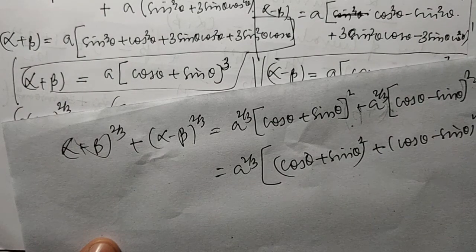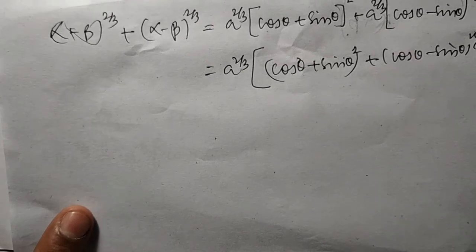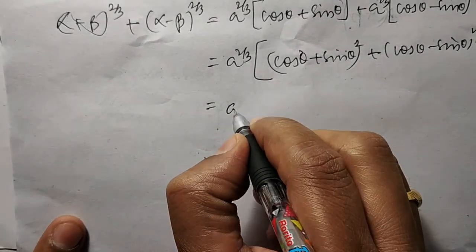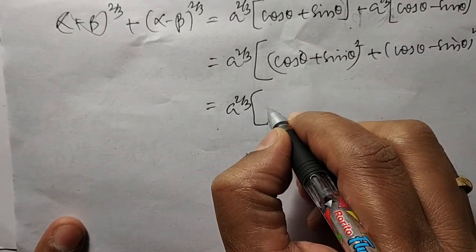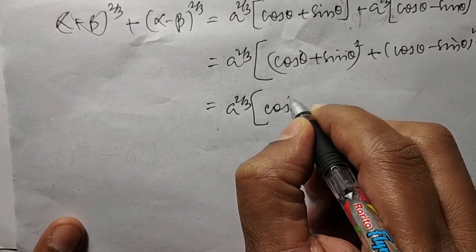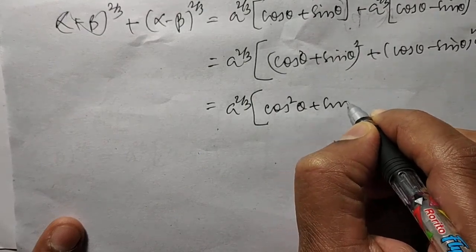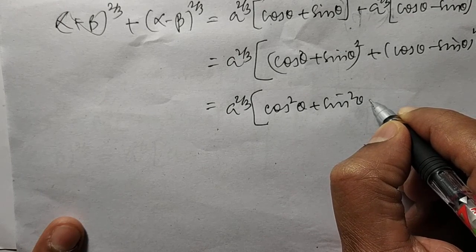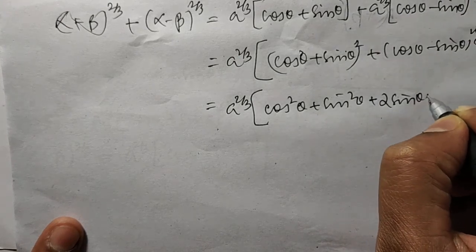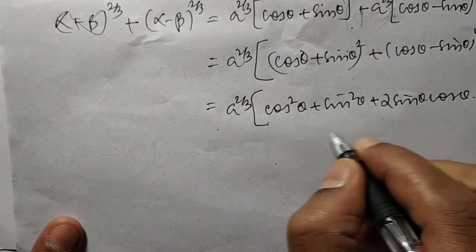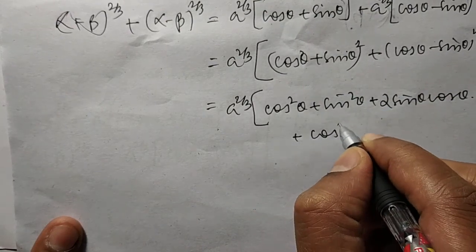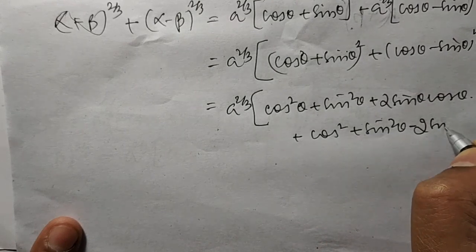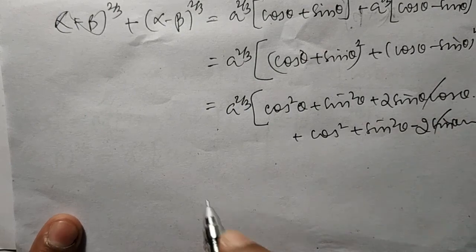When we take its expansion, we get a raised to 2 by 3 into cos square theta plus sin square theta plus 2 times sin theta into cos theta. Similarly here, cos square theta plus sin square theta minus 2 times sin theta into cos theta. So it gets cancelled.